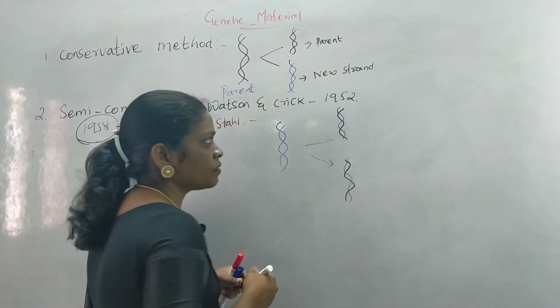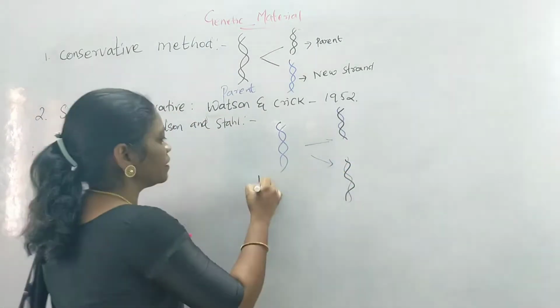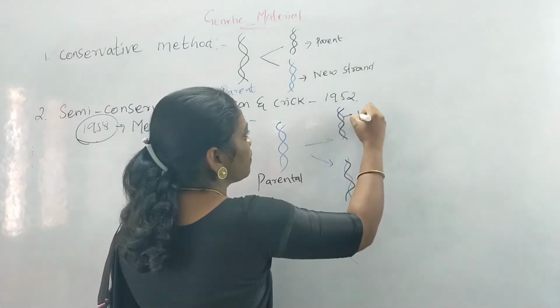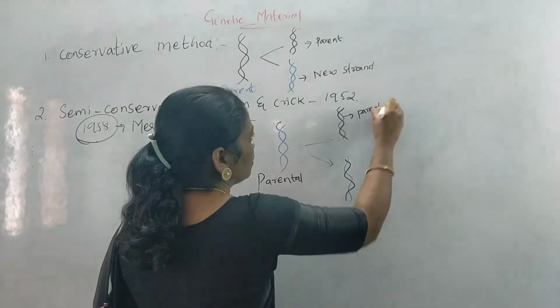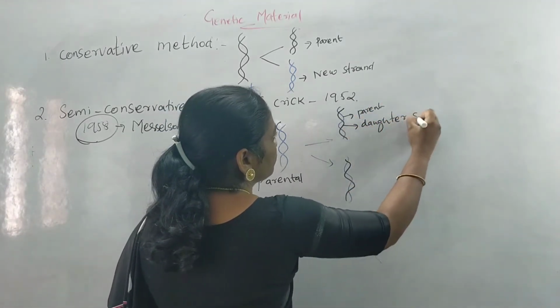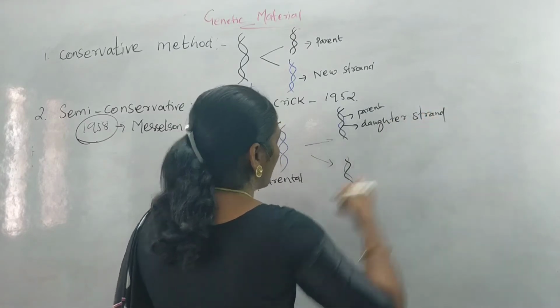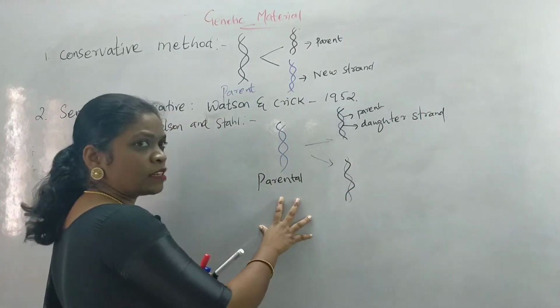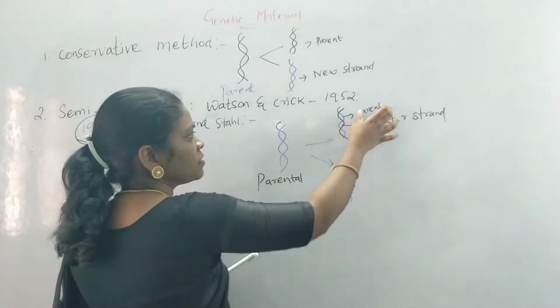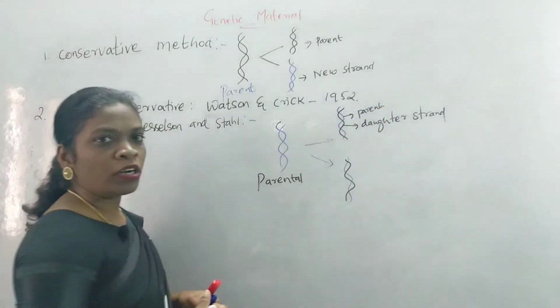This is how the semi-conservative method explains it. This is the parental strand, this is the parent again, and this is the new daughter strand. So according to them, when DNA gets replicated and forms copies, one copy contains the parental strand and the other copy contains the daughter strand.